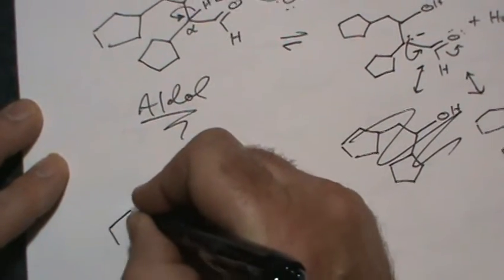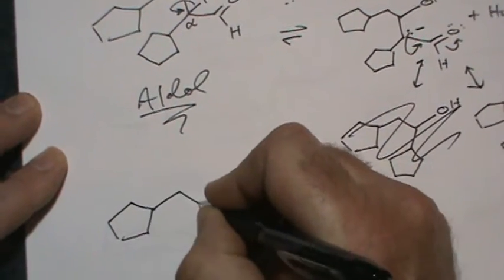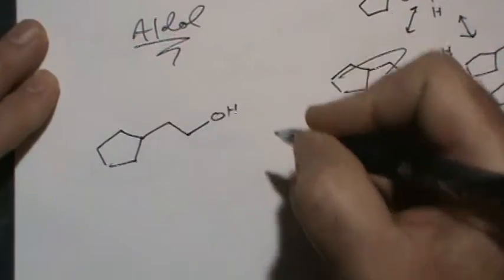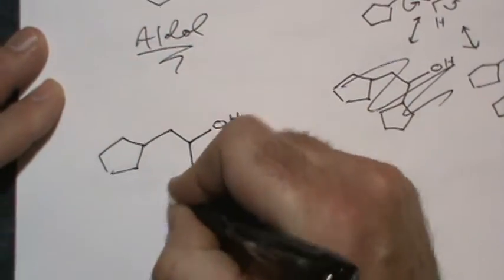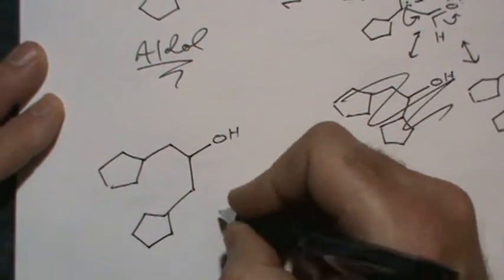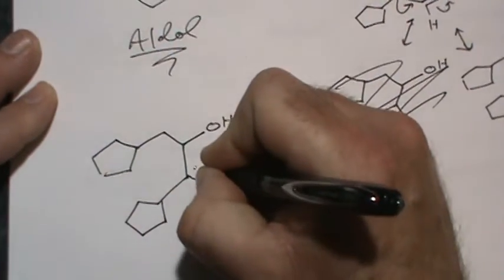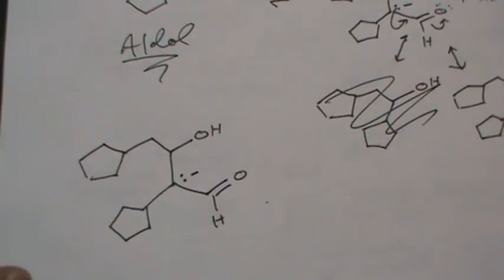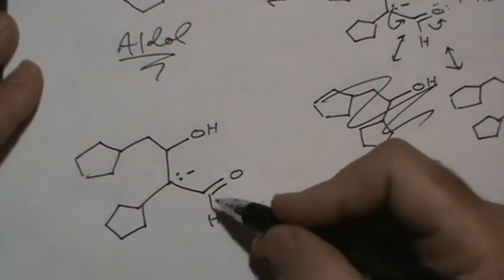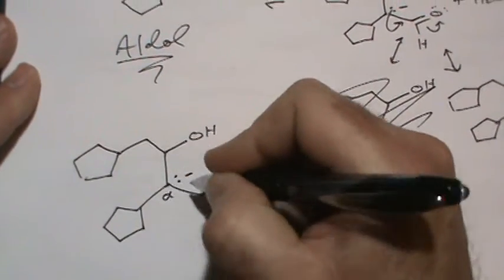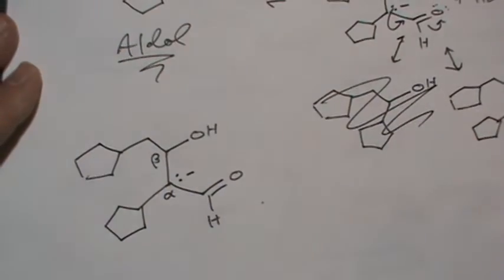So I'm going to redraw that one. So there's the original resonance form I drew. There's the carbonyl, here's the alpha position, there's the beta position.